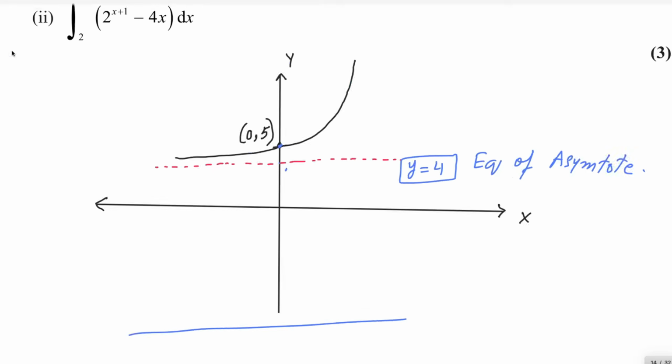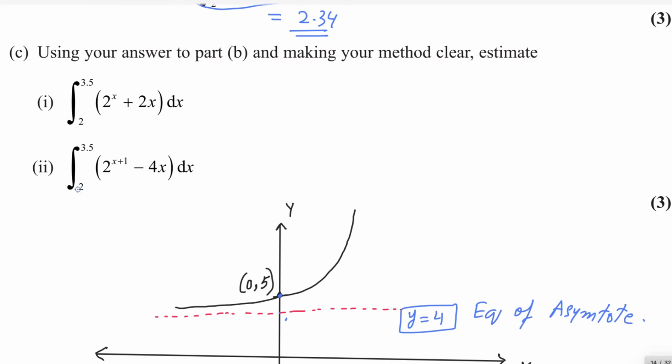Now for the second part, we need to find the integral of 2 to the power x plus 1 minus 4x dx. Again we will do some kind of treatment. Let me use this space so you will understand better. You can rewrite this like this.